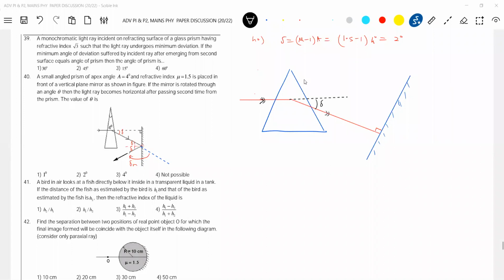Okay, fine. Shall I rotate by 4 degrees or 2 degrees? Just wait.